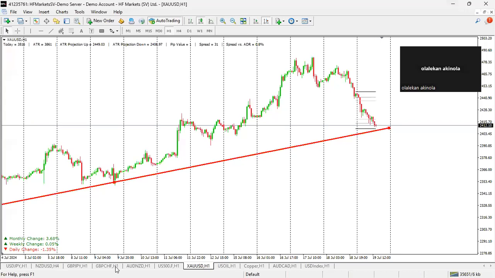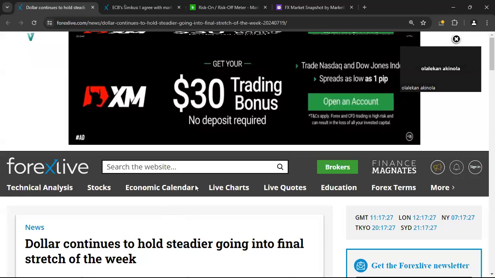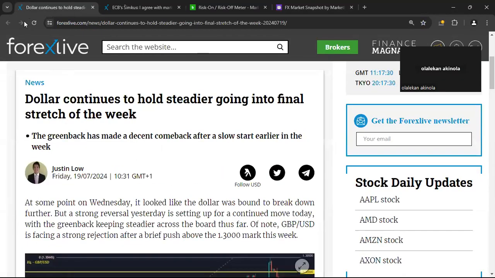that one of the things we talked about today was the fact that dollar is one of the currencies still holding steady ahead of the session today. The dollar continues to hold steadier going into the final stretch of the week.